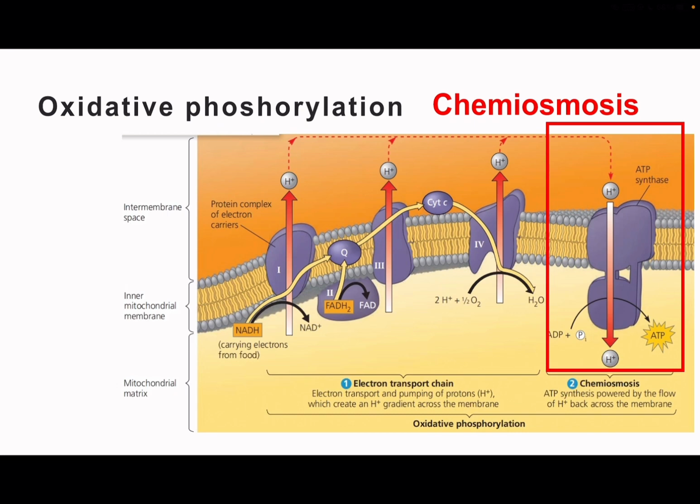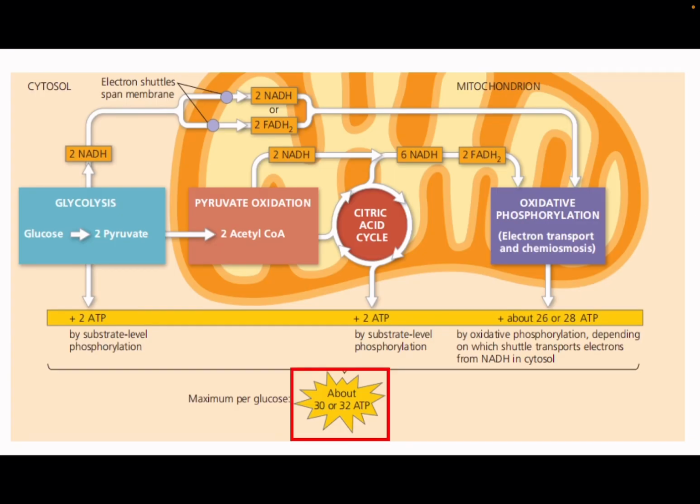Together, electron transport and chemiosmosis make up oxidative phosphorylation. The hydrogen ions combine with oxygen to form water. During cellular respiration, 30 or 32 ATP are produced in total.